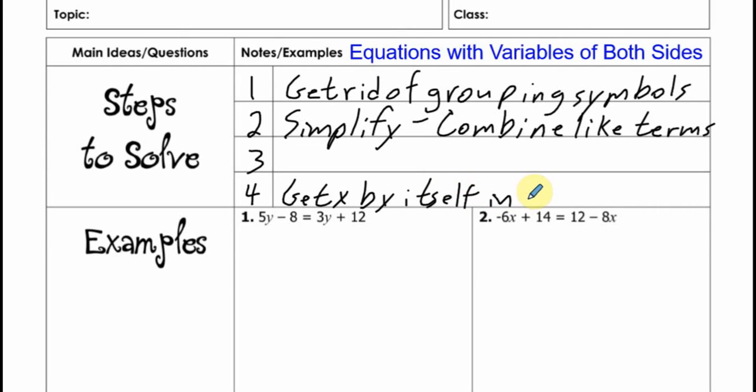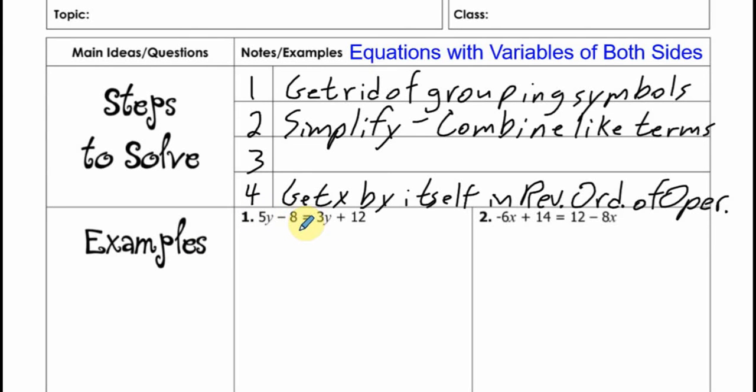I'm running out of room here. Reverse order of operations. So the step that is new for us is now, like in number 1, you're going to have variables on both sides. And you have to get rid of the variables on one side.